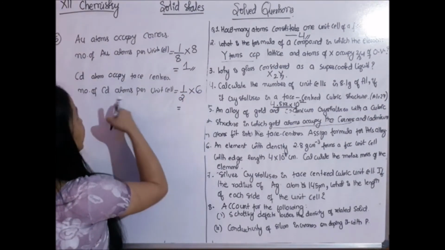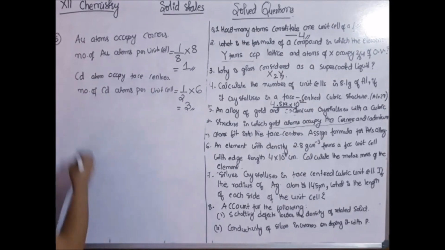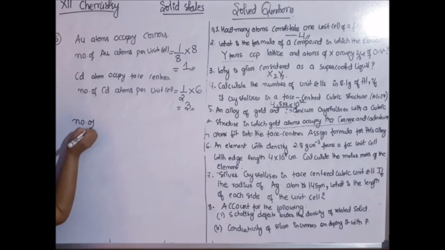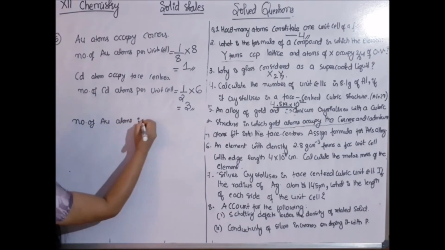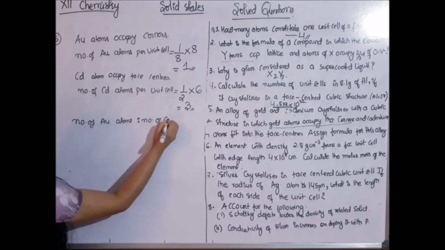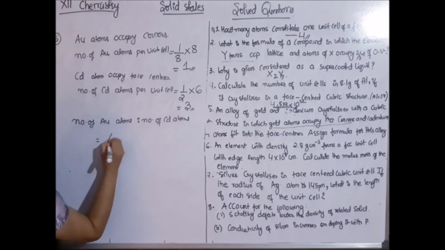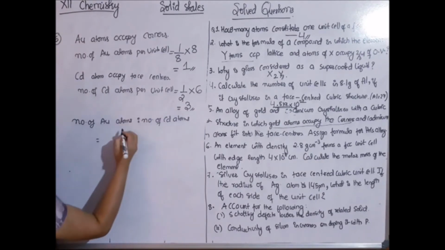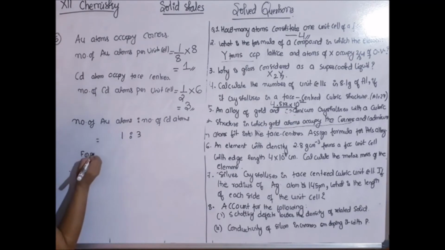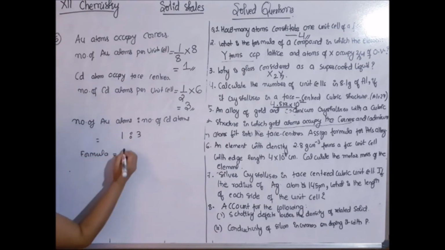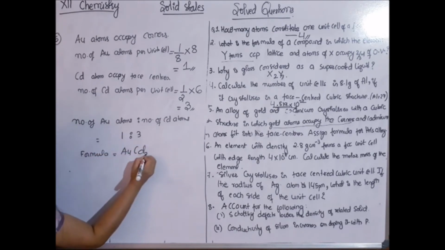Okay, so total number of atom in face center कति हुन्छ? 3. So now ratio. So number of gold atoms is to number of cadmium atoms. So kati huncha? 1:3. So formula ke huncha? Formula is your Au kati wata cha? 1, no need to write, and cadmium kati wata cha? 3.